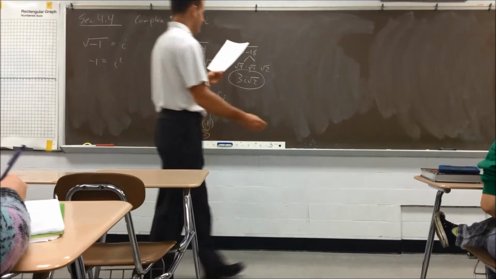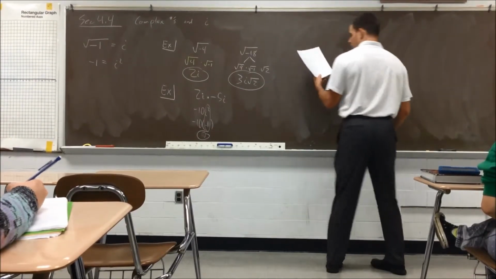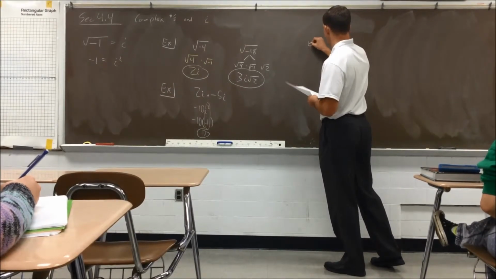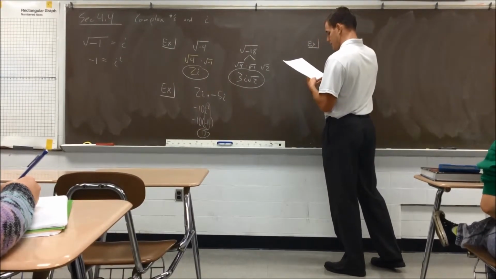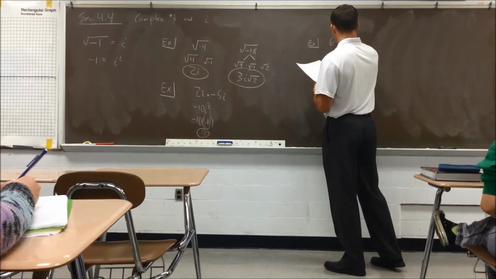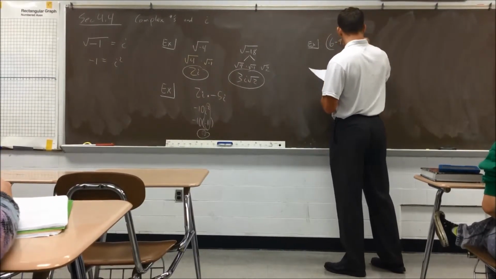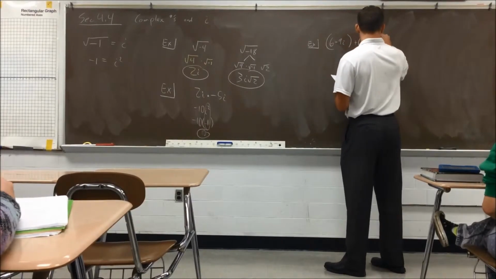This one's pretty simple right here. If I had 6 minus 9i and 3 plus 4i.